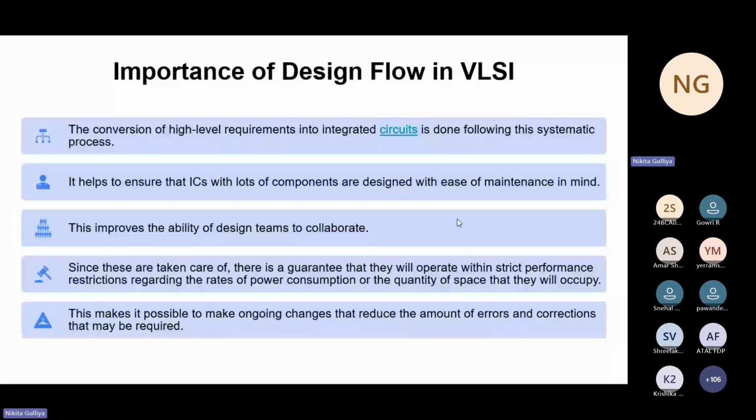These parameters are checked at multiple stages to avoid surprises later. Finally, the design flow supports iterative improvement. Issues are detected early and corrected before they become costly, saving time and development effort. So overall, the VLSI design flow is essential for building reliable and high quality chips.